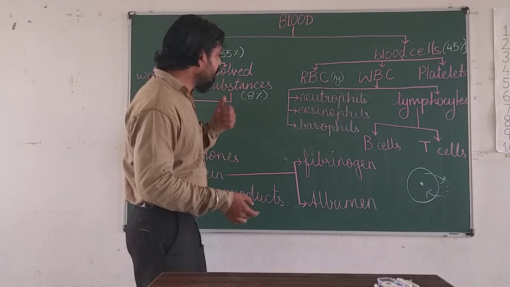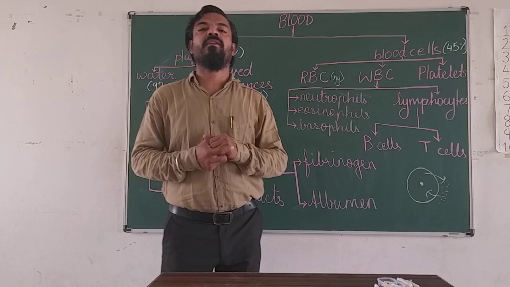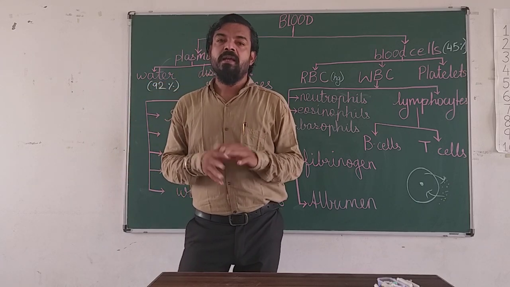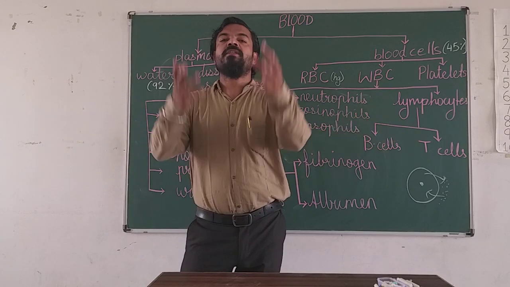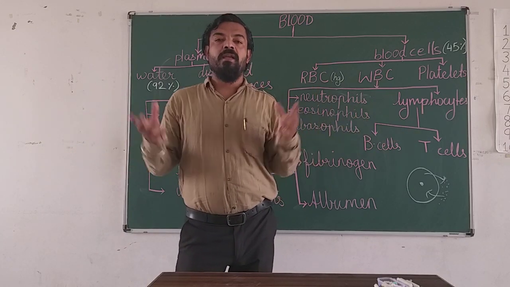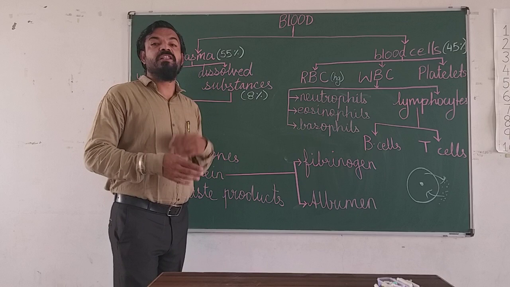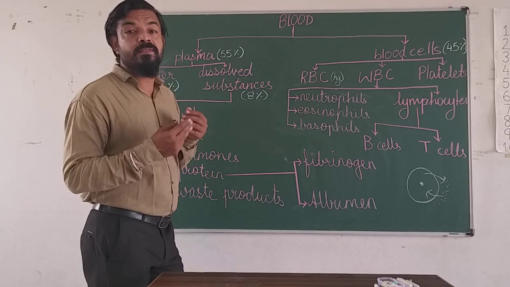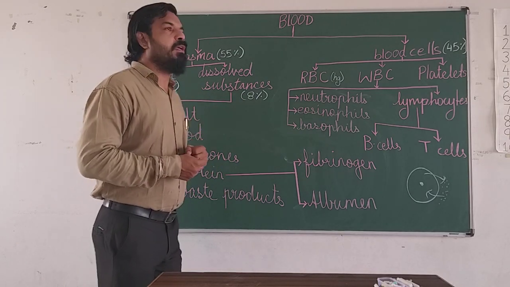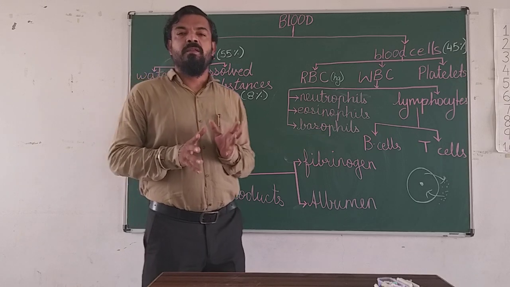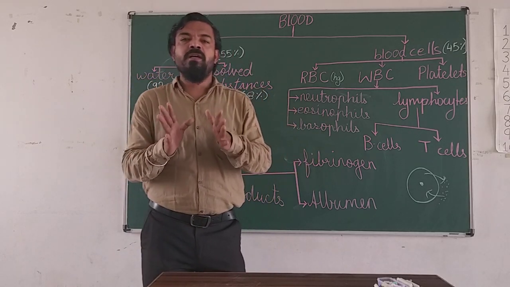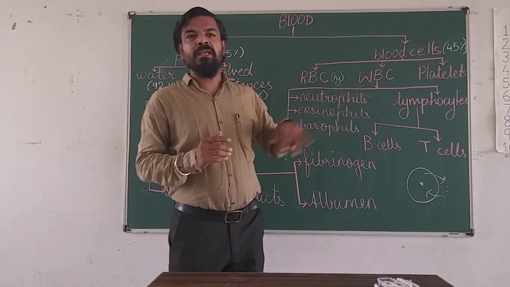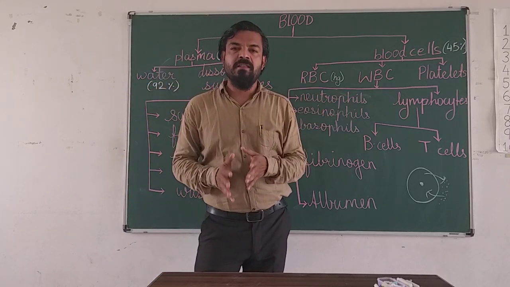RBC has a lifespan of only 24 hours. It stays in the body, then breaks down, and new RBCs are formed again continuously. This is a continuous process of RBC formation in your blood. In an adult woman, the hemoglobin should be near 12%, not less than that.